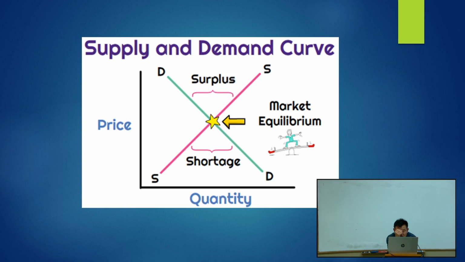Shortage means there are many buyers but small supplies. Surplus is few buyers but many supplies. This is market equilibrium: surplus, market equilibrium, shortage.